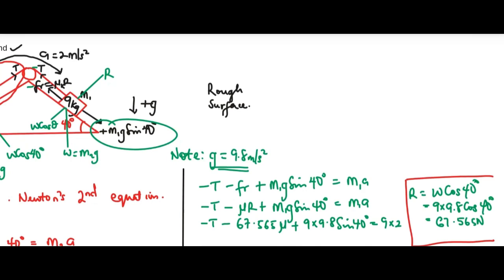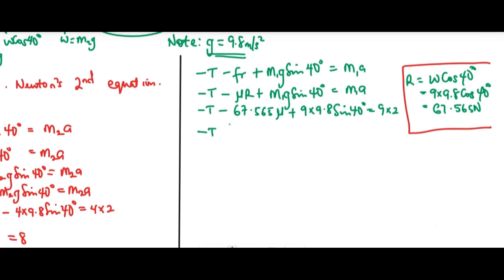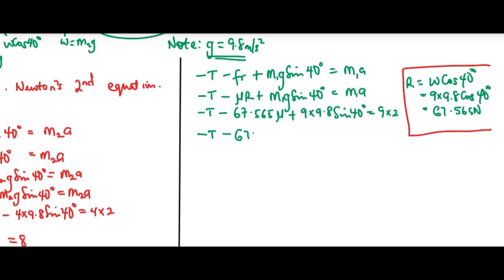So we have minus T minus 67.565 mu plus 56.694 equals 18.